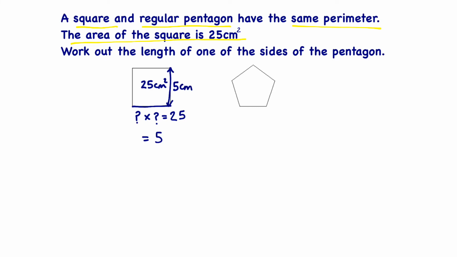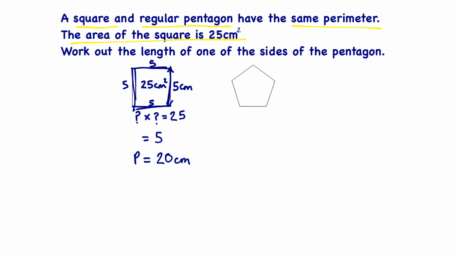The question tells me that the square and the pentagon both have the same perimeter. On my square, if one of the sides is 5, then the next side will be 5, the next side will be 5, and the final side will be 5. So I've got 4 lots of 5, so the perimeter of the square is going to be 20. 5, 10, 15, 20.